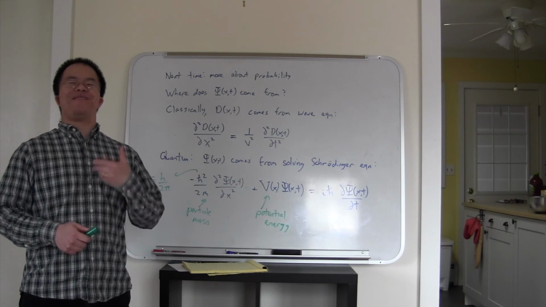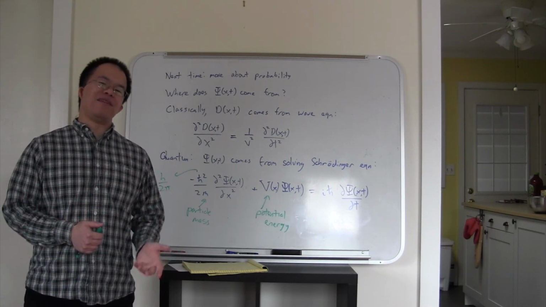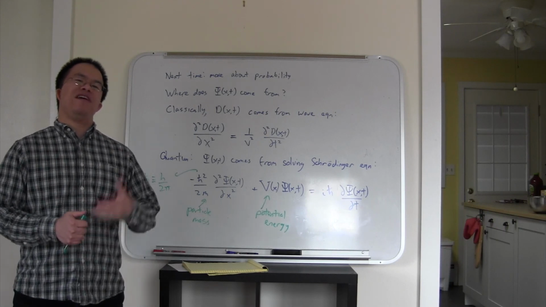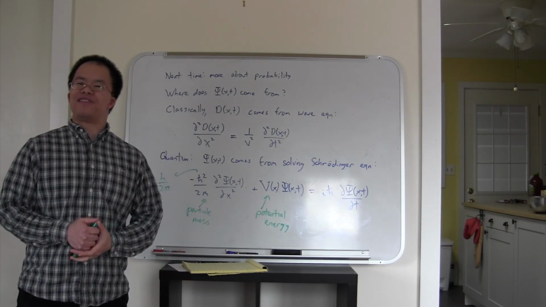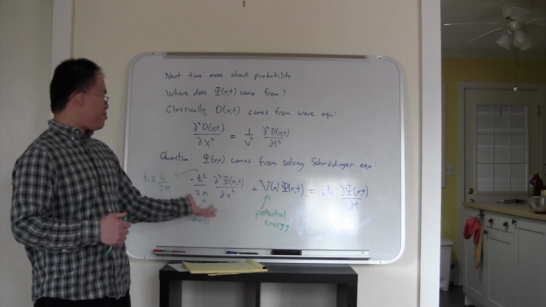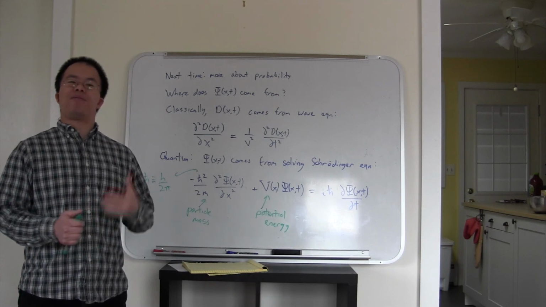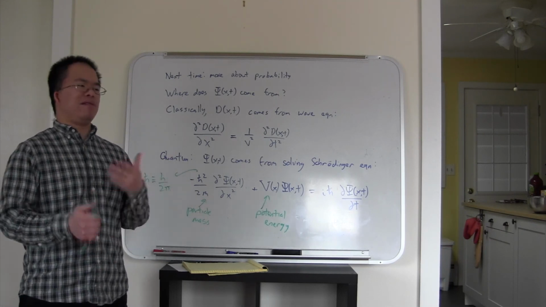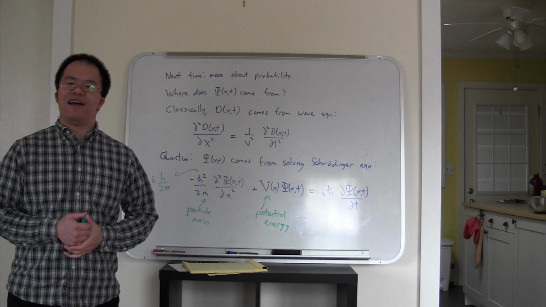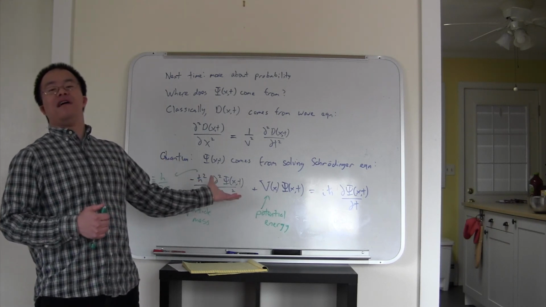Now that's a really rich and fun problem. We'll say a little bit more about hydrogen and atoms towards the end of the course. If you take advanced quantum mechanics, Physics 421, you might actually do the solution to the Schrodinger equation for hydrogen in detail. We'll probably look at it in this course, but not go through all the gory steps involved. But that's where his motivation came from.